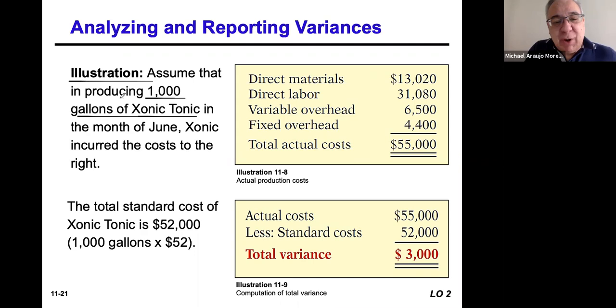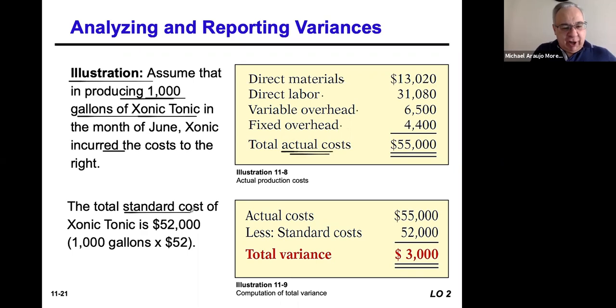So again, we're producing 1,000 gallons of platonic Zonic tonic in the month of June, and you're incurring the following costs: direct materials, direct labor, and your variable and fixed overhead are listed. Total actual costs were 55 grand.